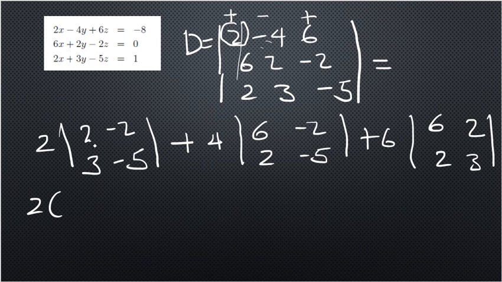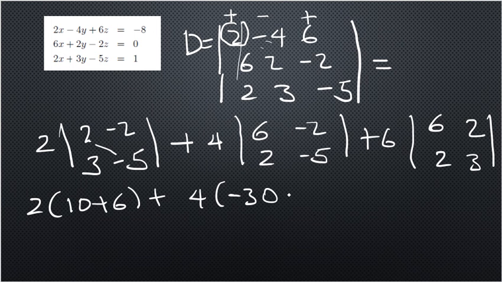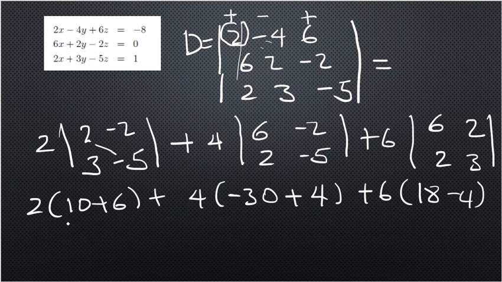Therefore, 2 in bracket, main diagonal first, 10 minus -6 means +6. Then plus 4 in bracket, 6 times -5 will be -30, minus 4, and that's going to be +4. You need to take care. Plus 6 in bracket, 18 minus 4. Let us complete it. This is going to be 16 times 2, which is 32.